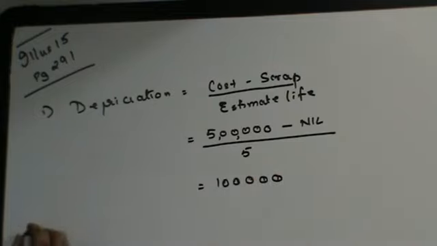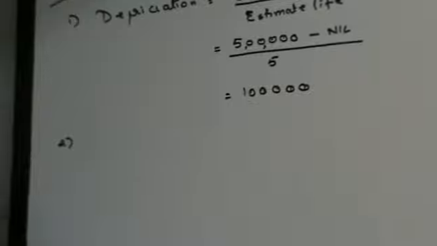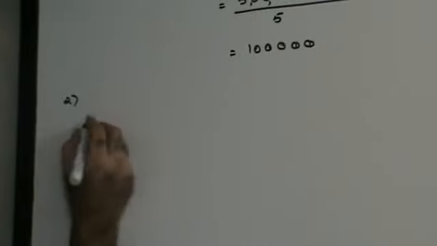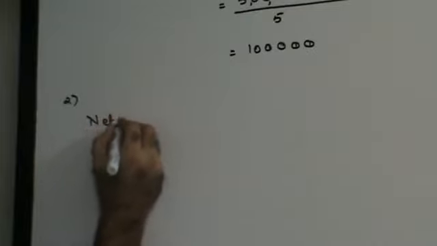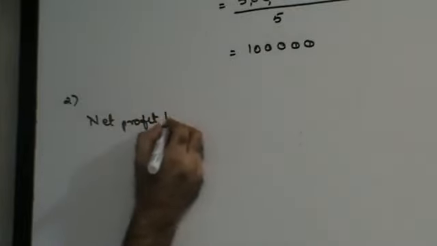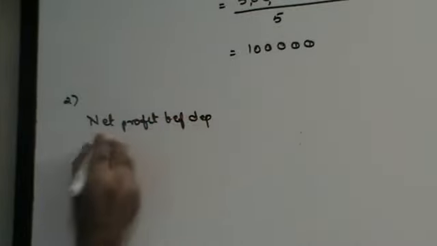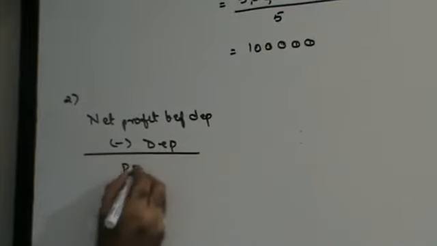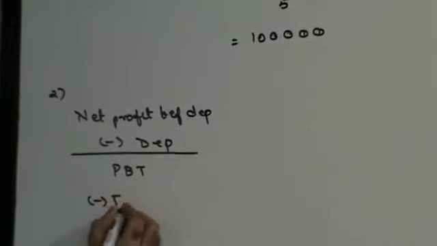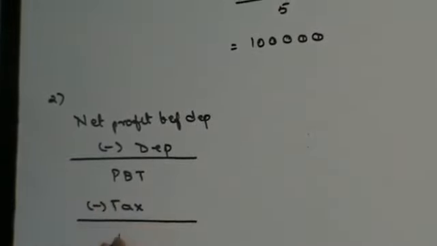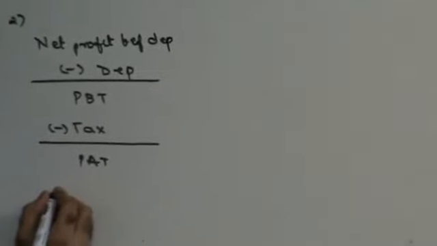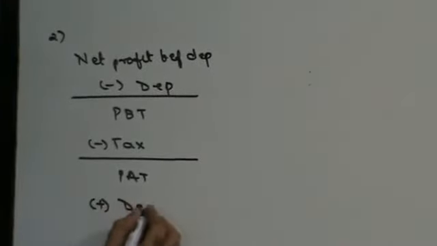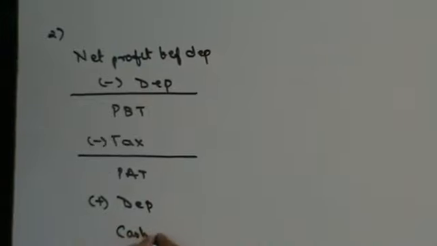Right? Next, we know they've given you the cash inflow before depreciation and tax. Right? They have given you net profit before debt less depreciation will give you profit before tax, less tax will give you profit after tax, add depreciation will give you cash inflow.